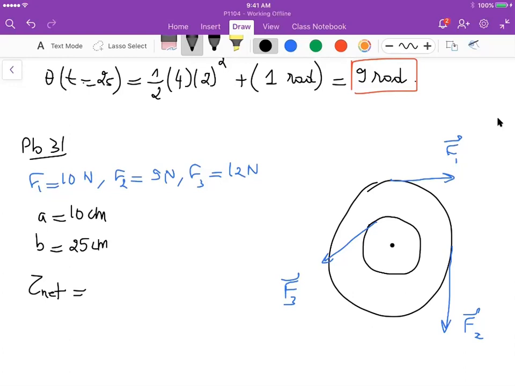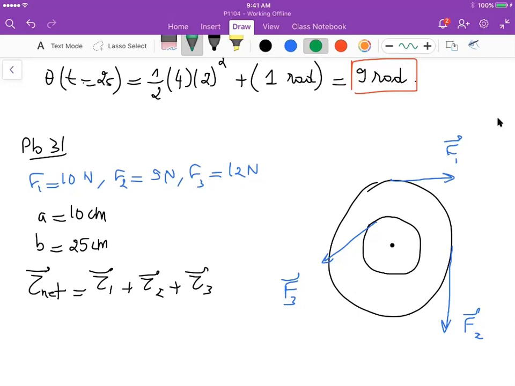So we can write tau net, I will just put a vector here, as tau 1 plus tau 2 plus tau 3, where tau 1 is the torque of force 1 and the same for tau 2 and 3. So let's have a look at the figure, and now we have to specify how these torques are directed.